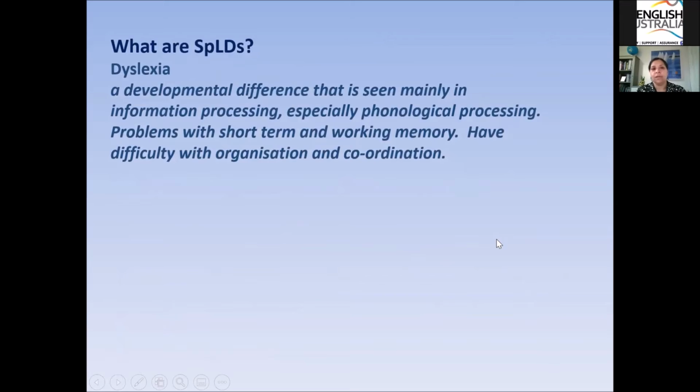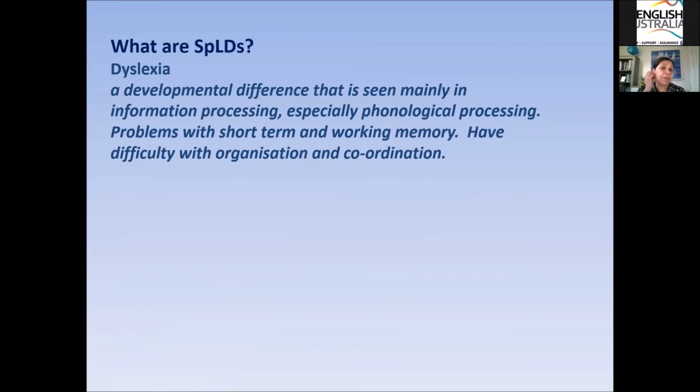So what are specific learning differences? Everyone knows about dyslexia. I suppose dyslexia is the most common, the best known learning difference, and most people will either know somebody who has dyslexia or are dyslexic themselves, and it's the one that everybody generally focuses on when we think about learning differences.